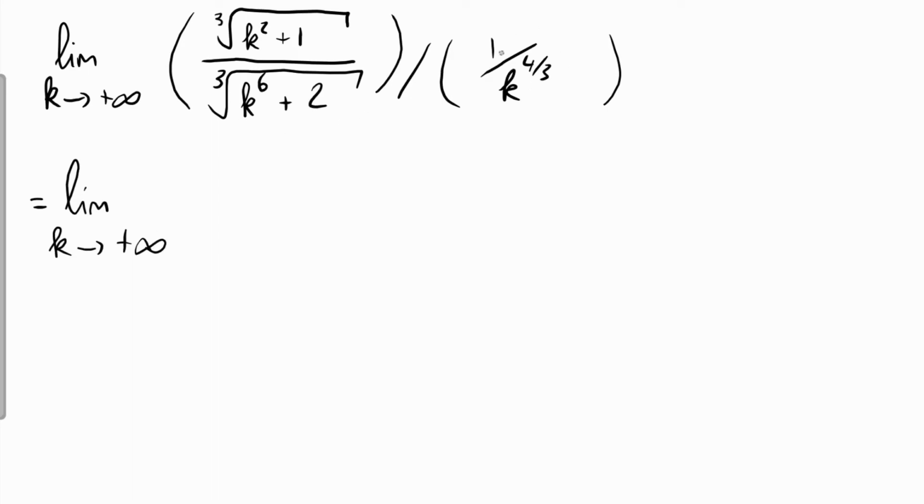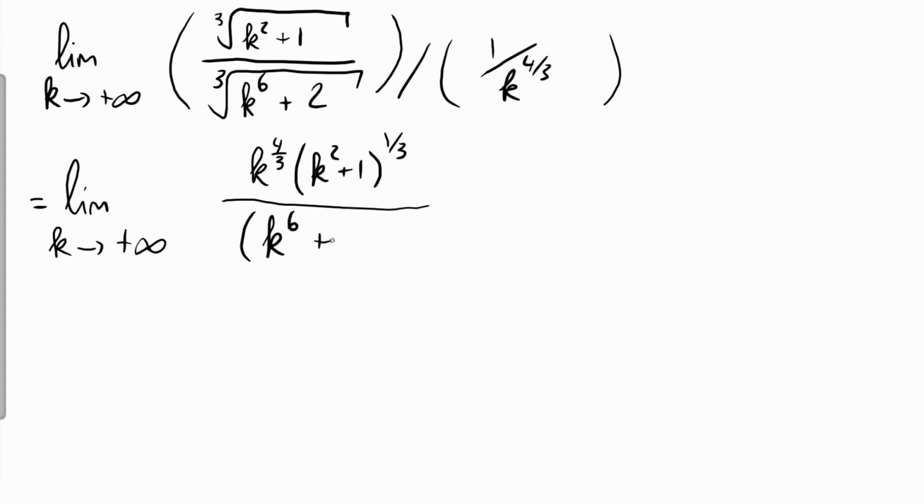That part doesn't change. Dividing by 1 over k to the 4/3 is the same as multiplying everything by k to the 4/3. So here we have k to the 4/3. And here, I'm going to replace our radical by a fractional exponent. And downstairs, we have k to the 6th plus 2.